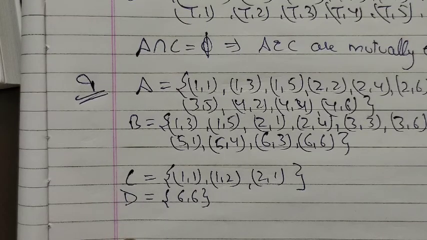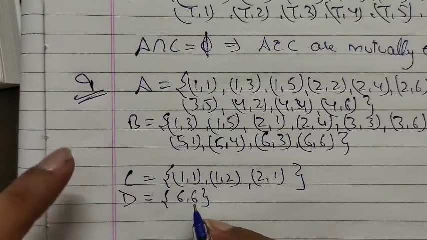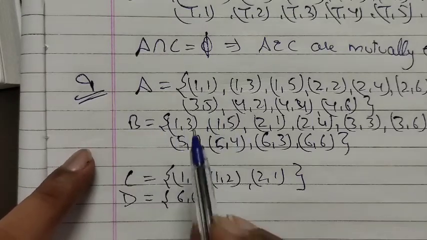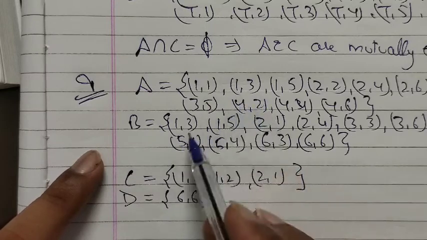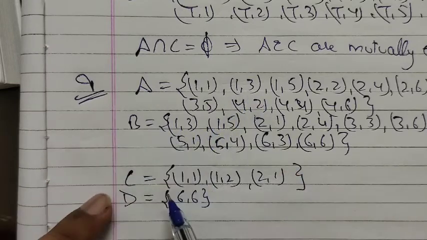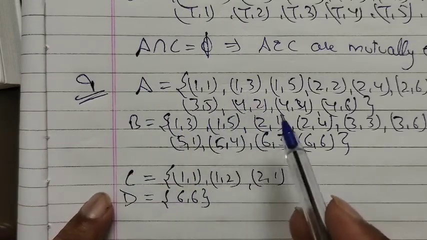Now which pairs of these events are mutually exclusive? So let's take the intersection of A and B. We have 1 comma 3 in common, so it's not possible. A with C, 1 comma 1 is there, so it's not possible.